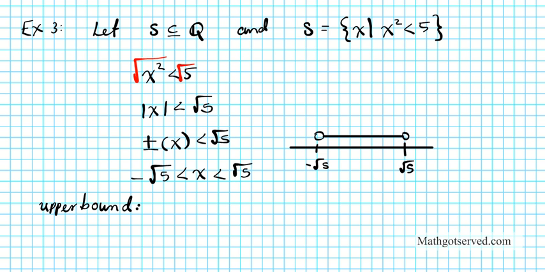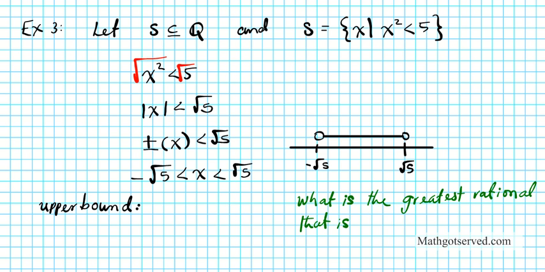So the question is, what is the greatest rational number that is less than root 5?